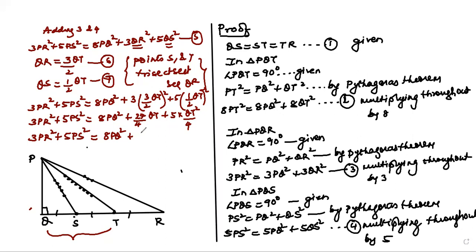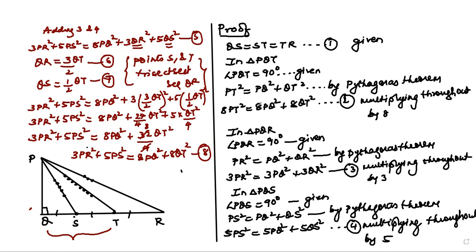So 27 plus 5, 32 QT square upon 4, which is nothing but 8. So what do you get? 3PR square plus 5PS square is equal to 8PQ square plus 8QT square. You can call this statement number 8. And now you got your answer, children.